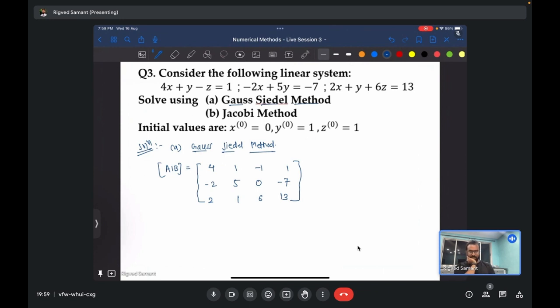Is it diagonally dominant? There is a condition of diagonal dominance. 4 is higher than the rest of the numbers. We see the absolute value of each, and if a value is higher we swap the rows.